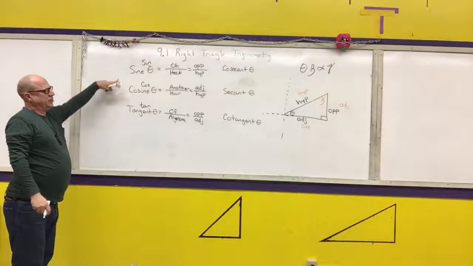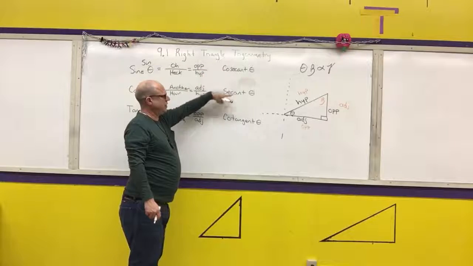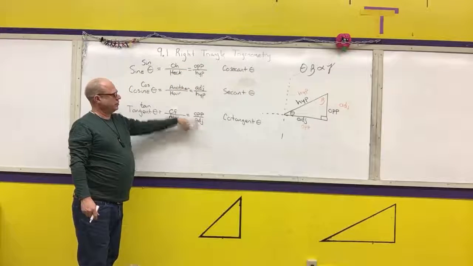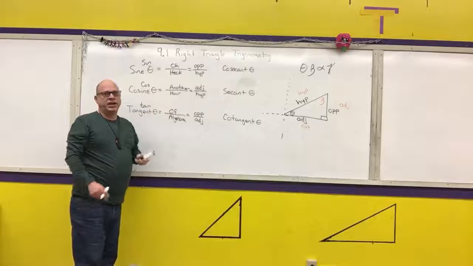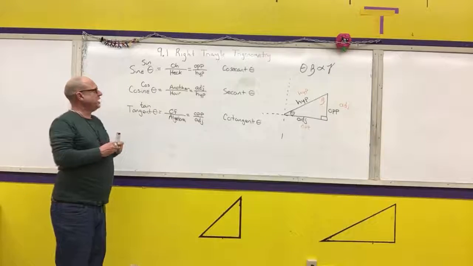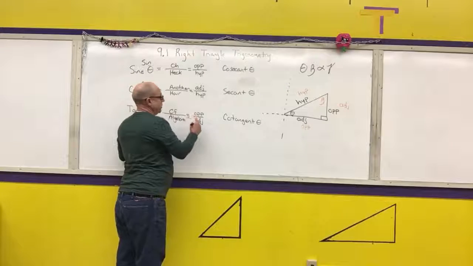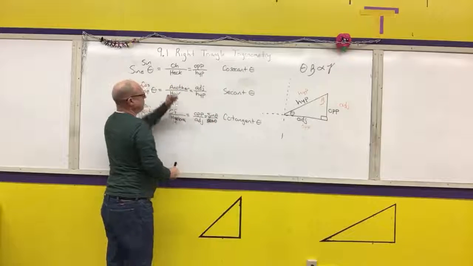For the other 3 trig functions, if you remember them in the order of cosecant, secant, and cotangent, they are just the reciprocals of our first 3 trig functions. So you're going to have to remember some trig identities. The first trig identity is, if we look at this, the tangent is also the sine of an angle over the cosine of an angle.